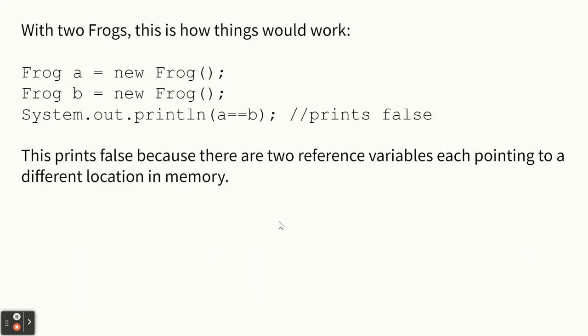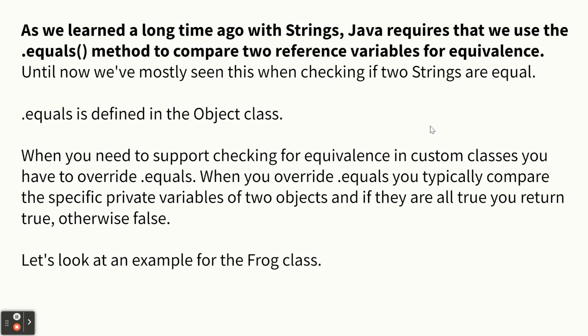If I made two frogs that both were at zero location because they were brand new, and then I tried to do equal equal, it would print false because they're not the same frog. They're not even equal in terms of how far they went. Because double equals is asking, do these two variables point to the same location in memory? And that's not true when you create two different frogs.